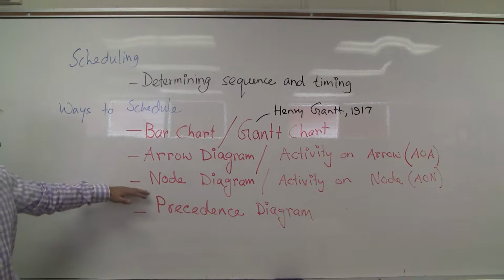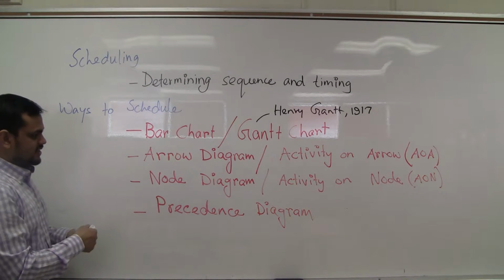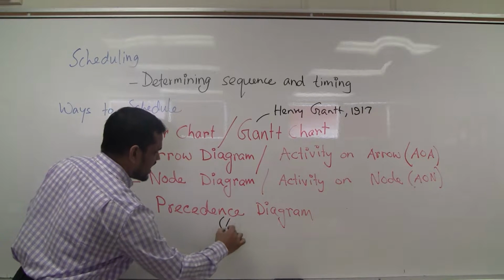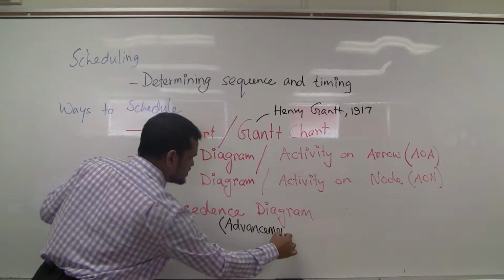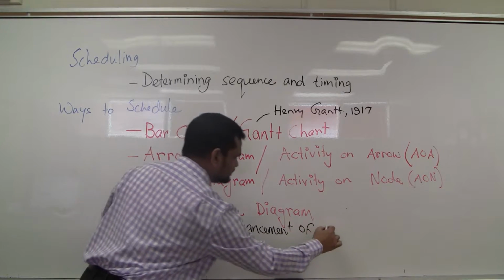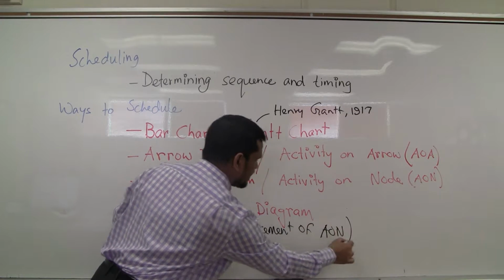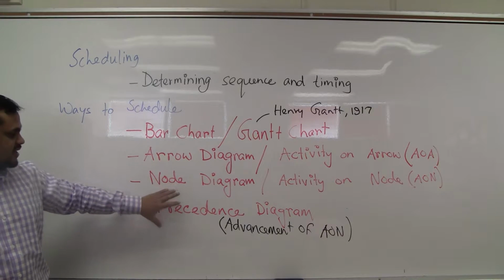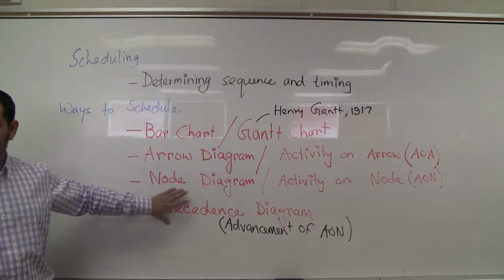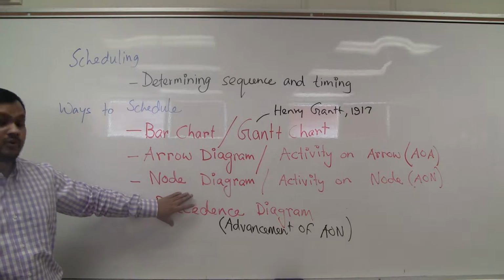Now, then node diagram. Precedence diagram is like, I call this advancement of node diagram. That means precedence diagram, node diagram, same thing, but it is a little advanced and more useful.